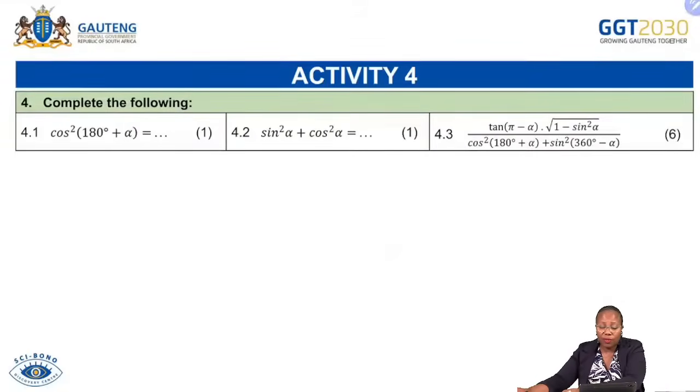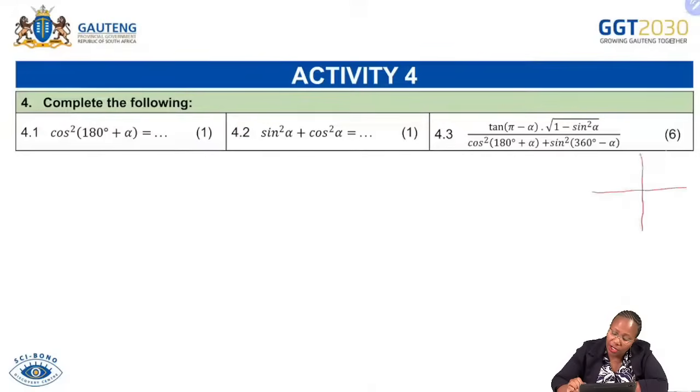We are still on the reduction. And then complete the following. We are looking at cos squared of 180 plus alpha. Remember, we are still using that reduction. When we are here, it's your 180 degrees, which can also be your pi radians, or it can be 360 degrees with a 2 pi radian there.